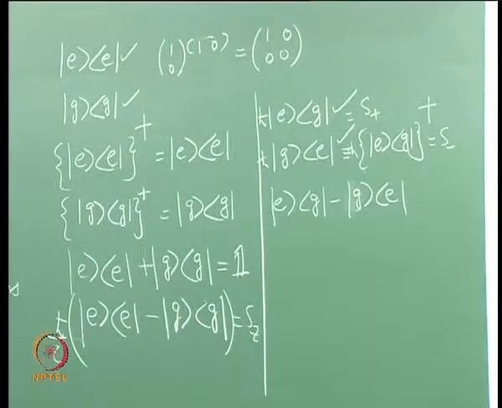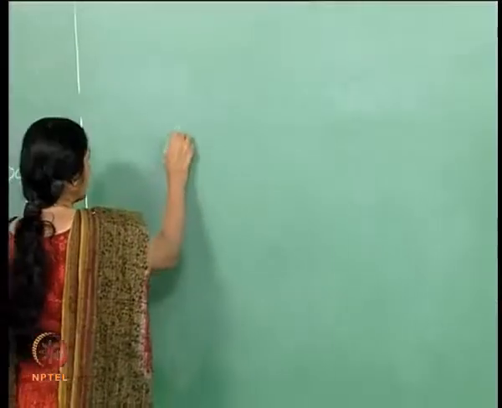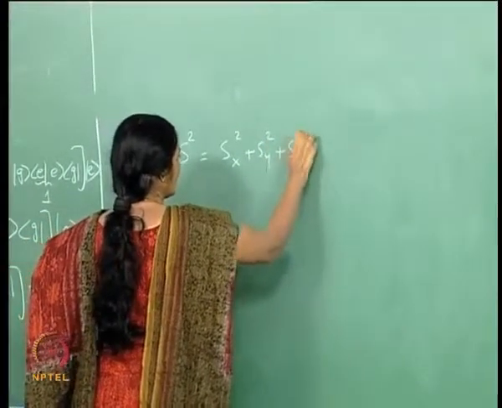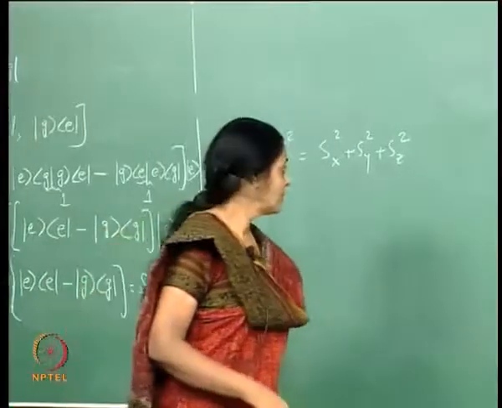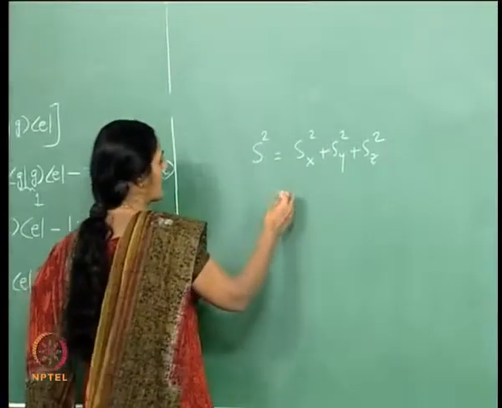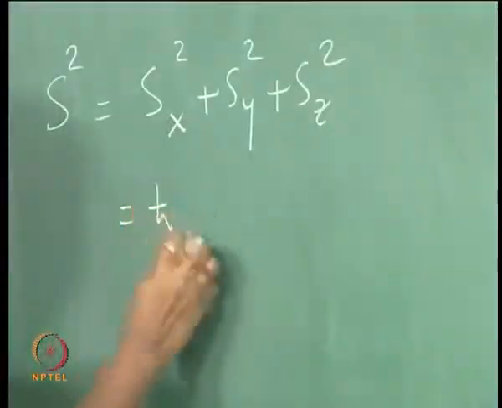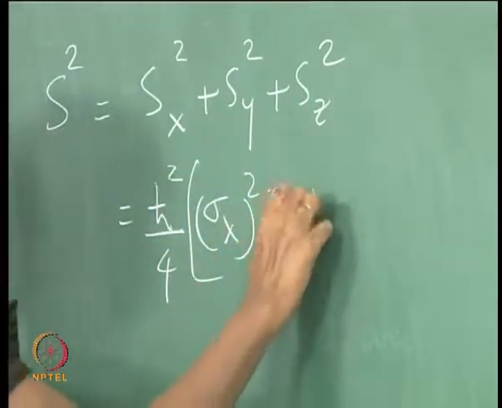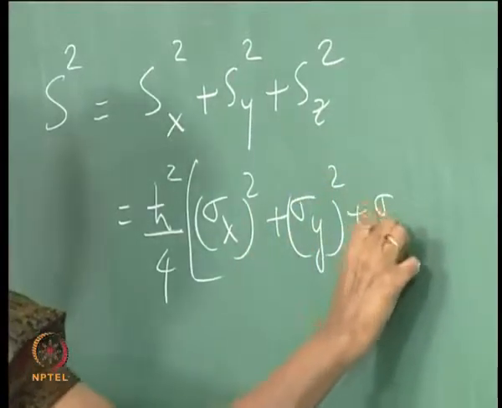So returning now to the construction of further operators, let me consider S squared. I define S squared as Sx squared plus Sy squared plus Sz squared. The simplest way to find out what S squared is, is to realize that this is ħ squared by 4 times sigma x squared plus sigma y squared plus sigma z squared.